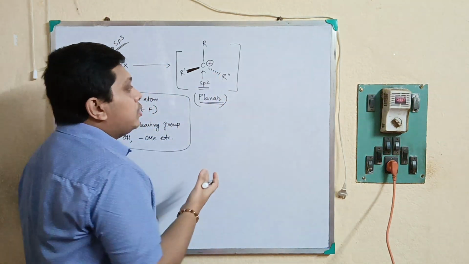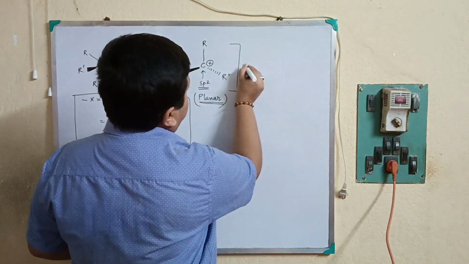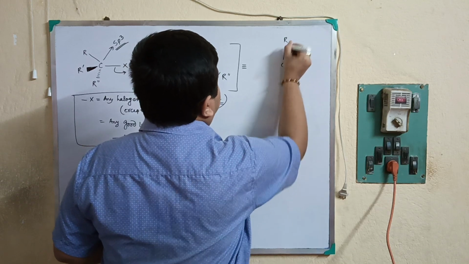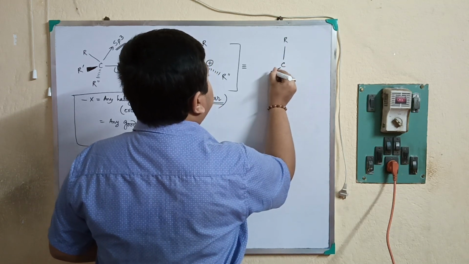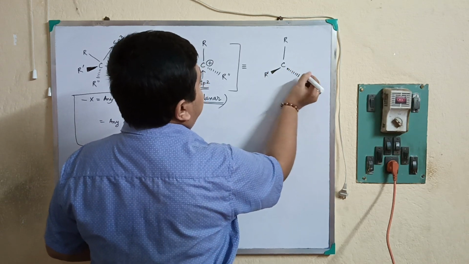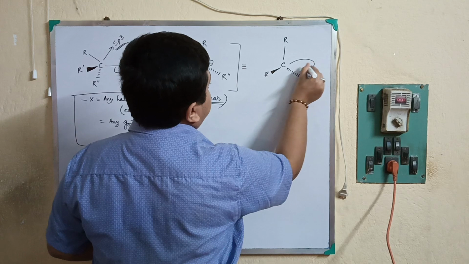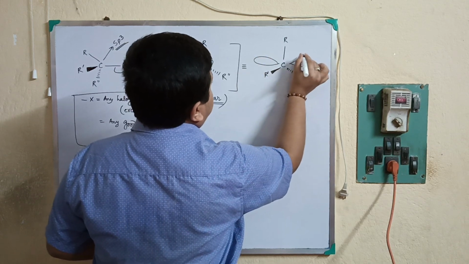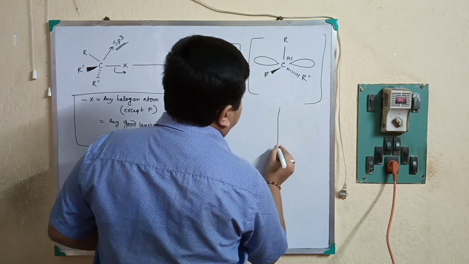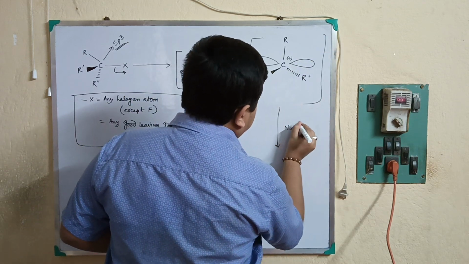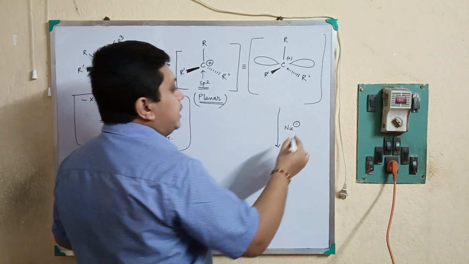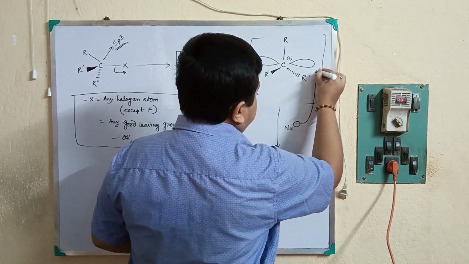Now, if we draw the structure of carbocation in terms of p orbital, then we can see that the positive center of carbon is nothing but a vacant p orbital. This is a vacant p orbital which has two lobes. Now, if a nucleophile approaches the carbocation to attack it, then it can attack from the right side.